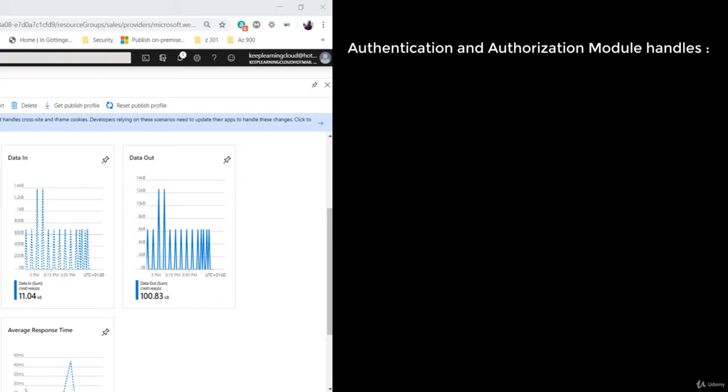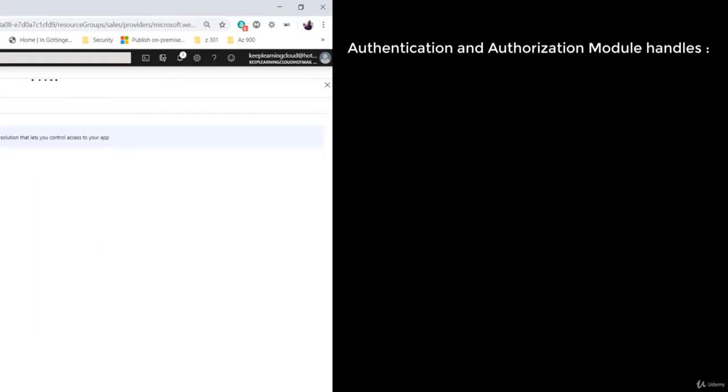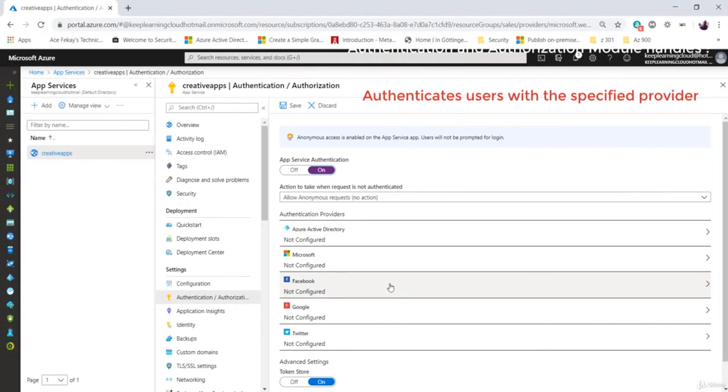When this authentication and authorization module is enabled, every incoming HTTP request passes through it before being handled by your application code. This module handles several things on your app. For example, it will authenticate users with a particular service provider that you select here.